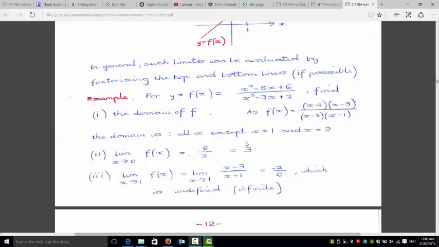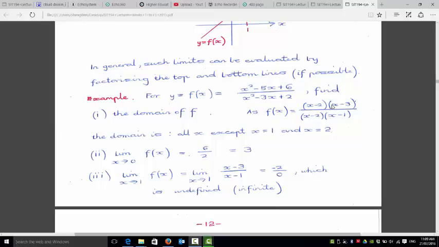We find the domain, and we just do factorization like this. f(x) will then become (x minus 2)(x minus 3) over (x minus 2)(x minus 1).